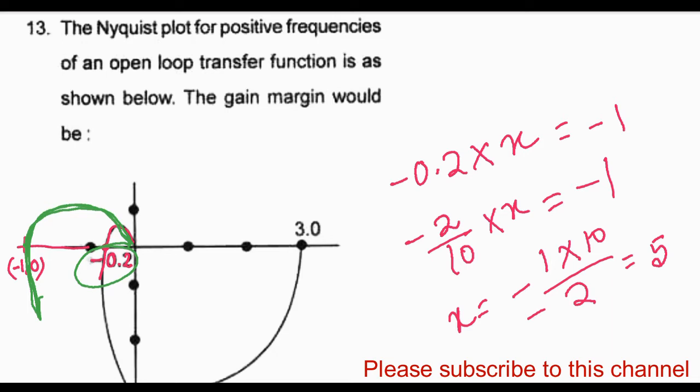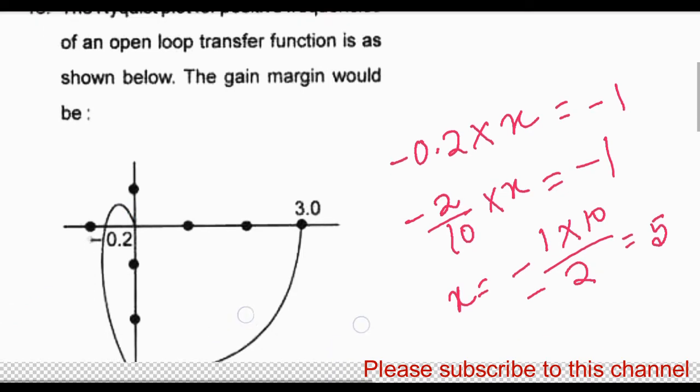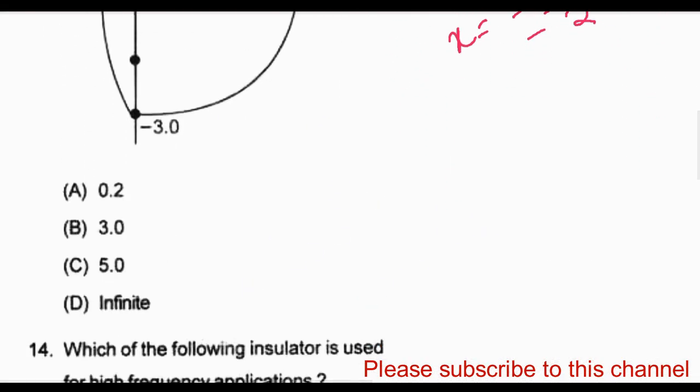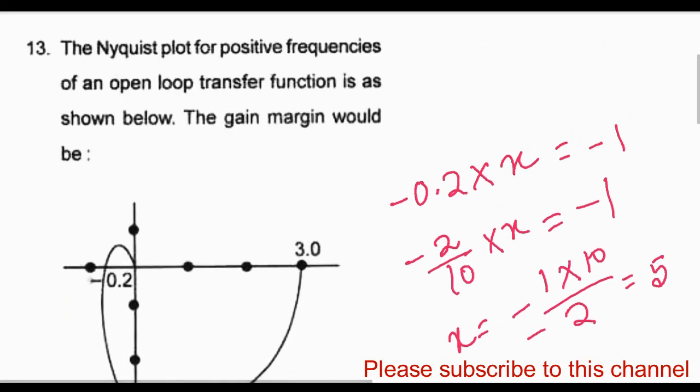This is only for understanding purpose. So what is the gain margin here? Gain margin is 5. You can calculate this as 1 by 0.2.